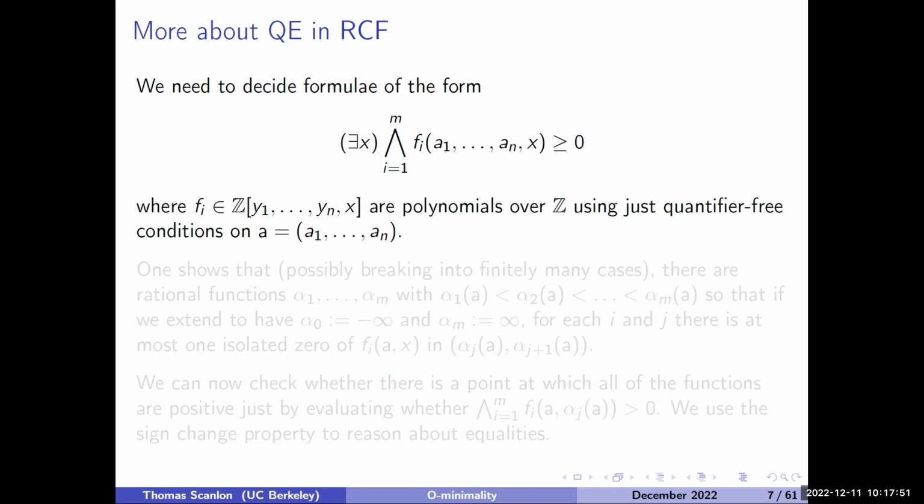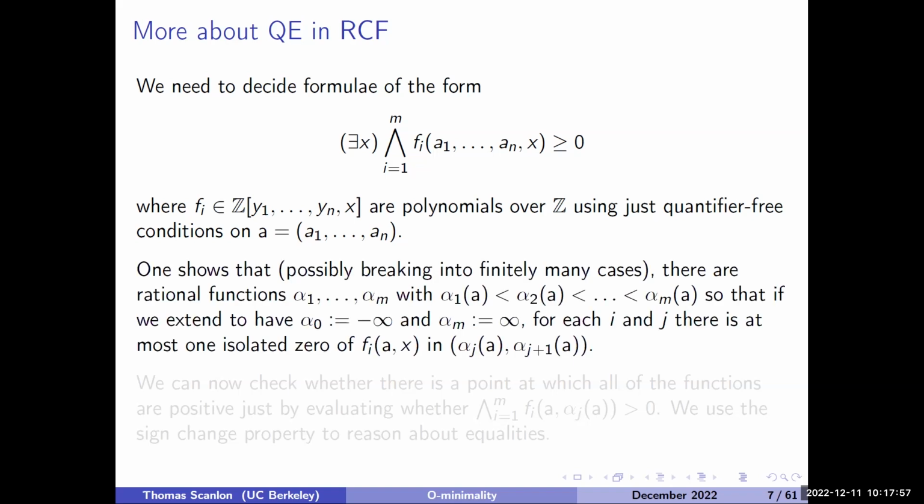And so, now you can start to see where Sturm's algorithm can come into the picture. You show that you can break this up, and you can find some rational functions which basically give you more or less the boundaries between the zeros of these various functions.